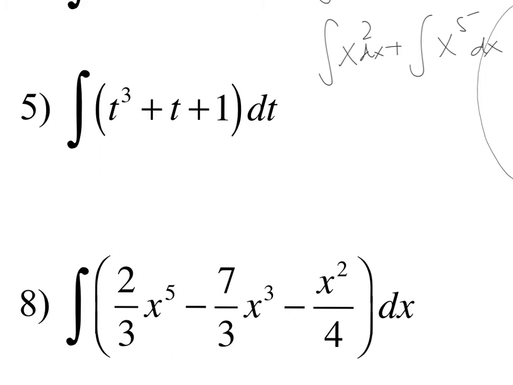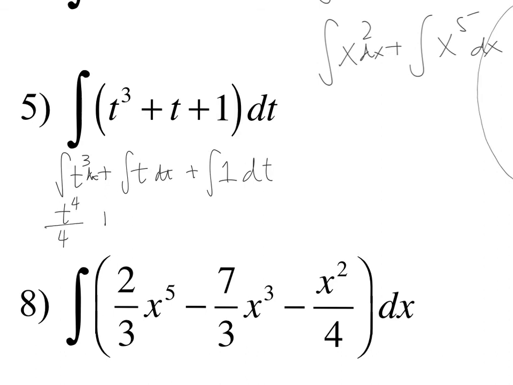All right, we do have a sum here, so we could do the integral of t to the 3rd dt plus the integral of t dt plus the integral of 1 dt. So the integral of t to the 3rd, that's just going to be the power rule for integration. That's t to the 4th over 4 plus t to the 2nd over 2 plus t plus c. Now let's go through that one more time.